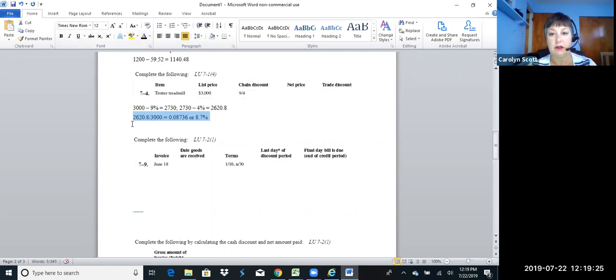So our trade discount is our net price divided by our list price, and we get 0.08736, or what we would probably just say is 8.7%. I'll accept either one.